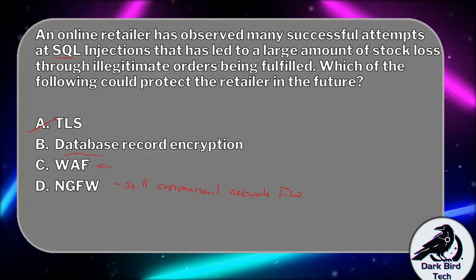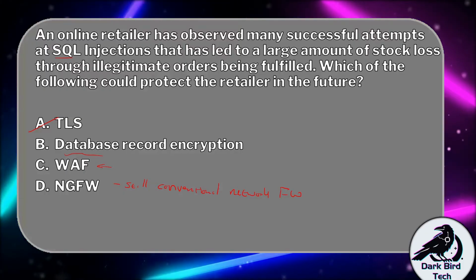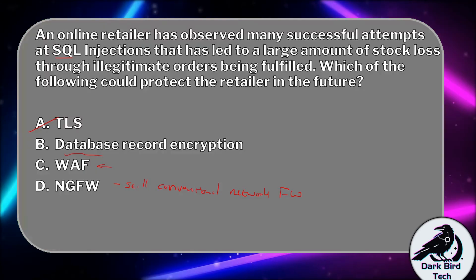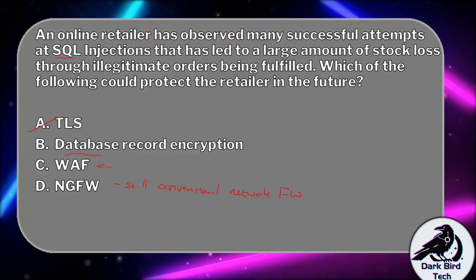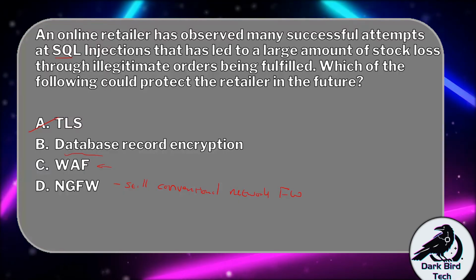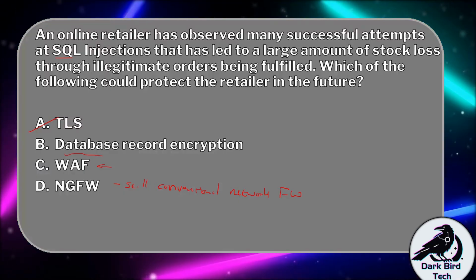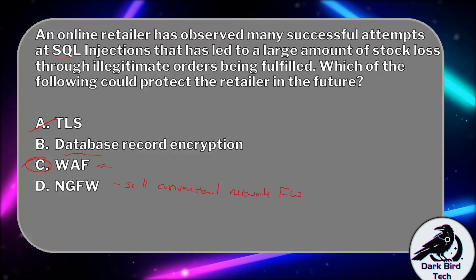The web application firewall is going to be geared more towards this particular thing. And I can guarantee you that if you look at how some web application firewall products are advertised, marketed, and what their features are, I bet SQL injections and parameterized queries would probably be in their feature set. So I'm going for that.